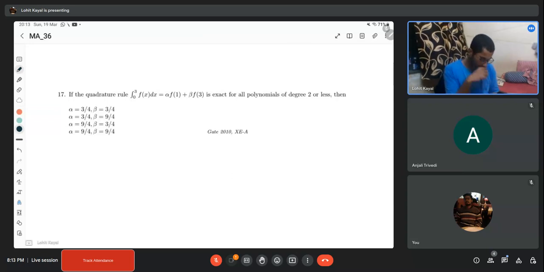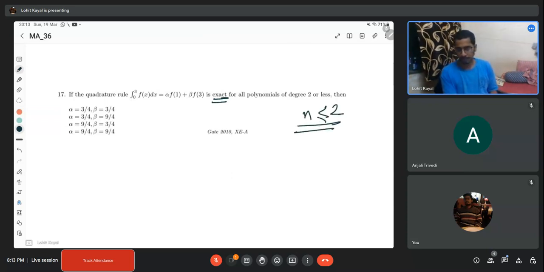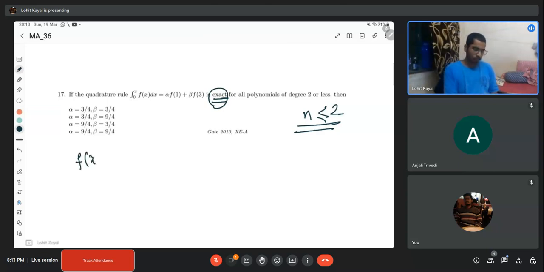Now the main idea is it is exact for polynomials of degree less than or equal to 2, and I need to find the value of alpha and beta. So this is partly related to the interpolation problem because of this exactness.